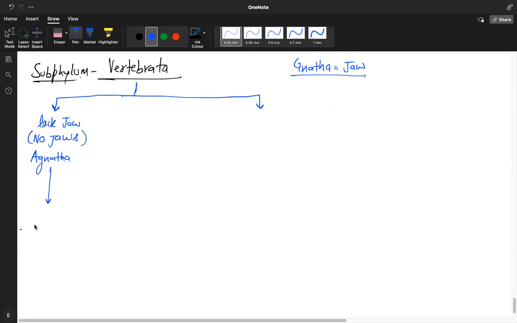Under this category, there is one class, so I am writing it as class 1 that we will study. The agnatha, without jaws, are called cyclostomata. If they don't have jaws, what do they have? If I take the jaws out of a human skull, how will the mouth look?